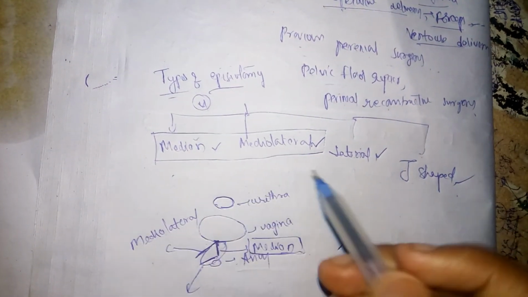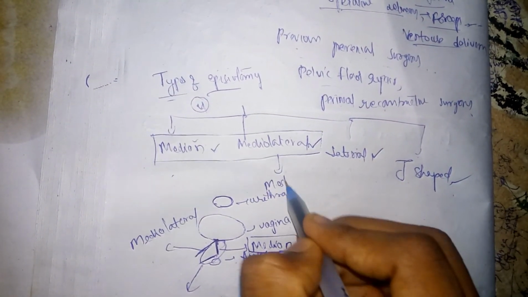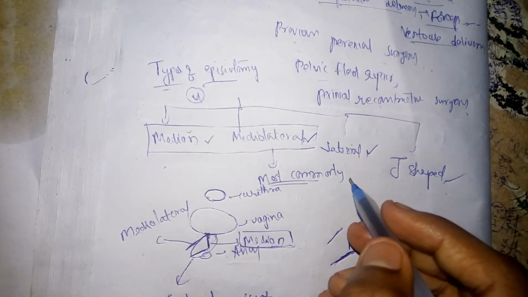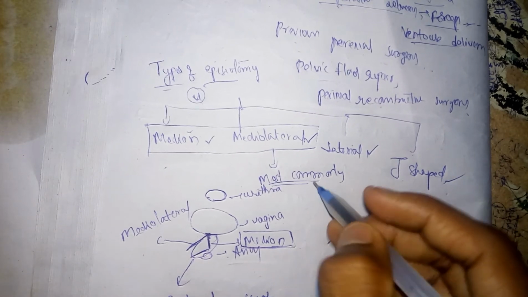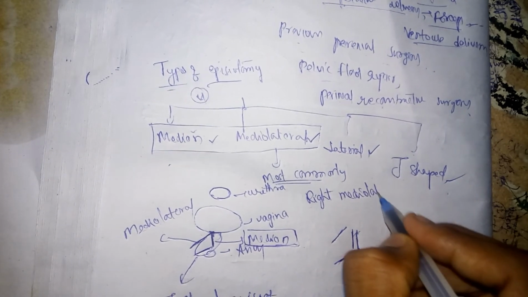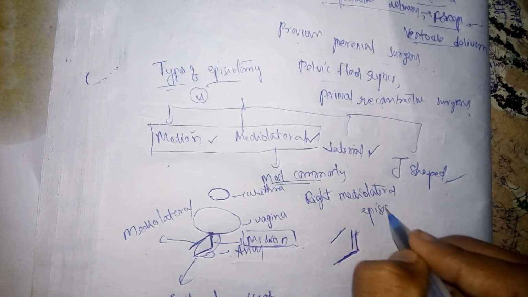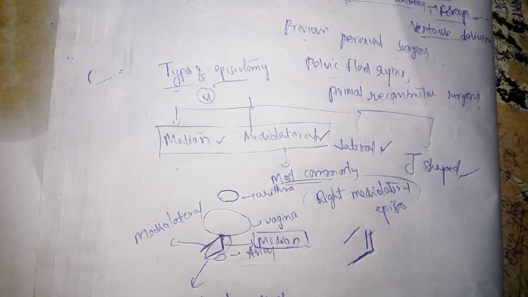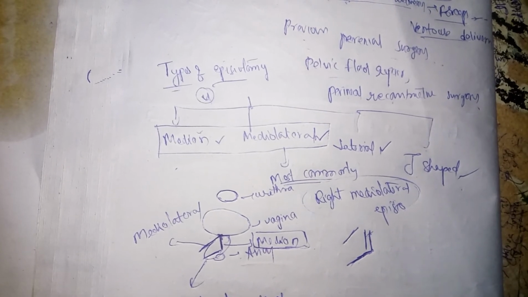Basically, these two, median and mediolateral, are most commonly used, and among these two, mediolateral episiotomy is preferred and most commonly done. As these two are most commonly used, let's discuss the advantages and disadvantages of both these types of episiotomies.